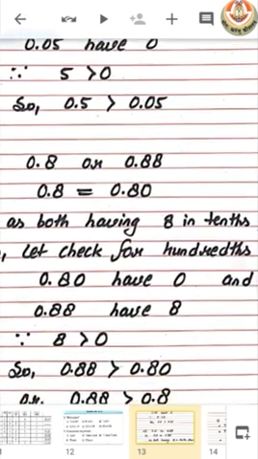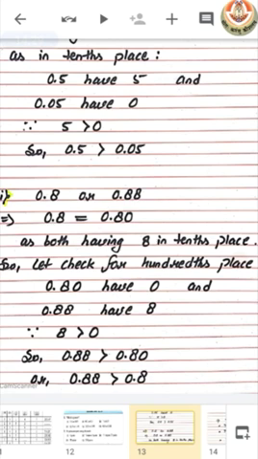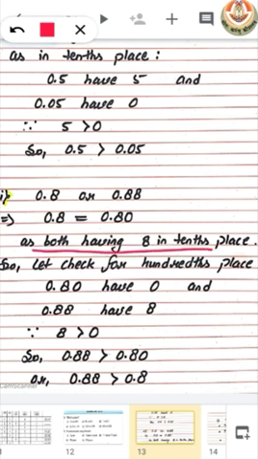Let's check another example. Here we have 0.8 and 0.88 to compare. It is the same case: on the left side of the decimal we have 0 in both decimal numbers. So we have to compare according to the tenths place. Now we can see that both have 8 in the tenths place, so we cannot compare on the basis of the tenths place.